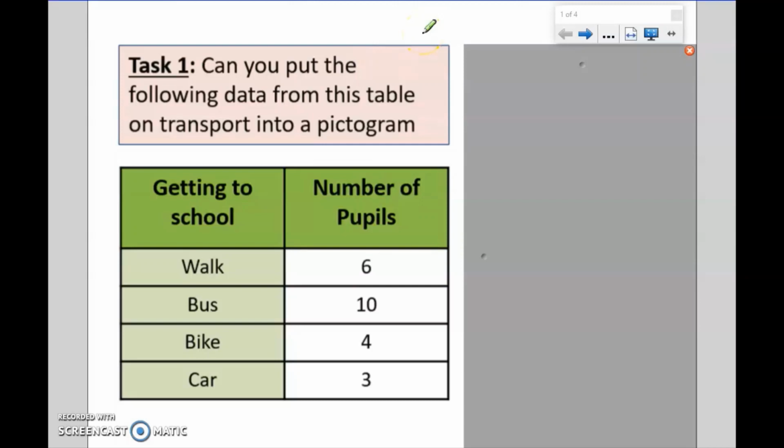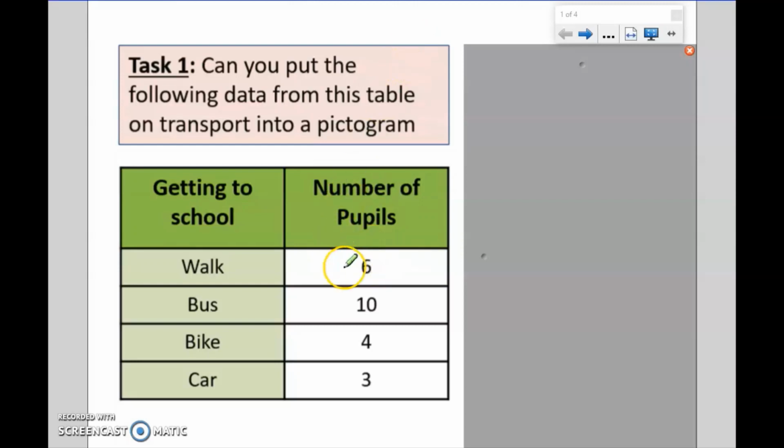Okay, so let's put some tasks on the screen for you to have a go at. So you can see task 1. I've presented some data in a frequency table on the transport that students use getting to school.